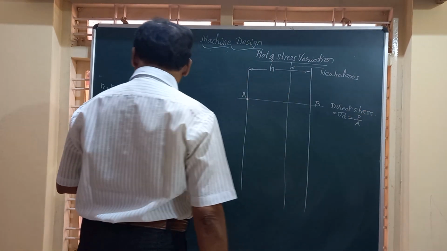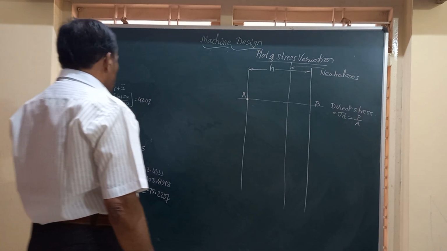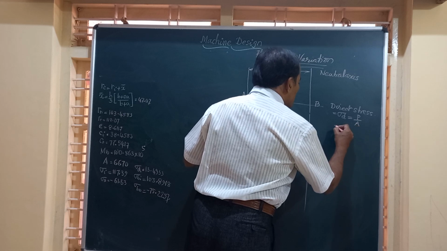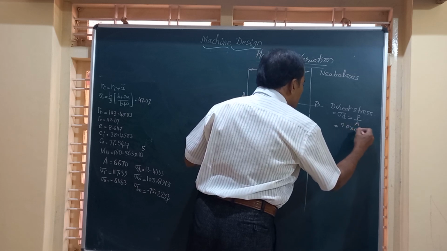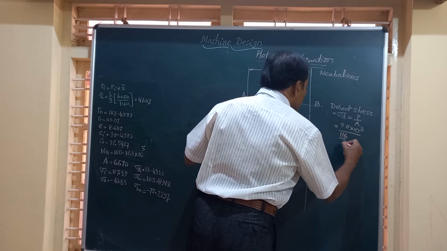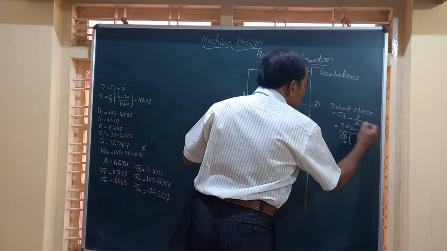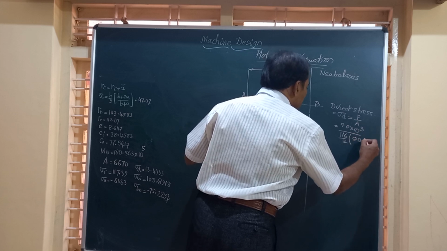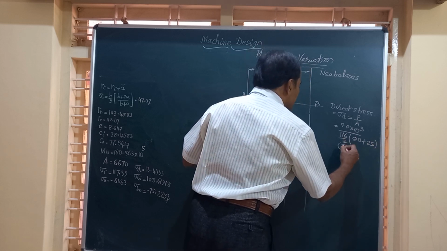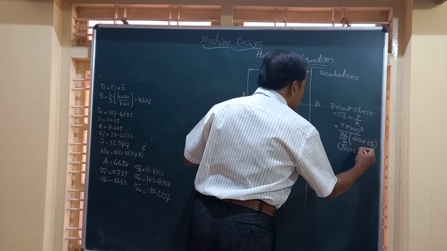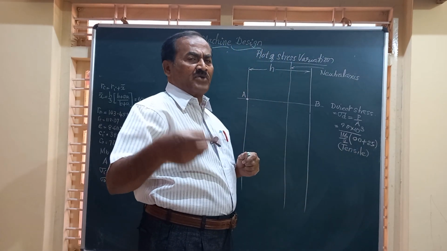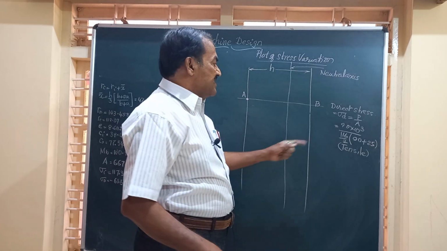Friends, this direct stress value can be obtained from this formula. That is, you know the load 90 into 10 to the power of 3 Newton, area h by 2 into the sum of the parallel sides 90 plus 25. Friends, you get this value. This is tensile in nature. So direct stress in case of all curved beams, that is the crane hook particularly, are tensile in nature.